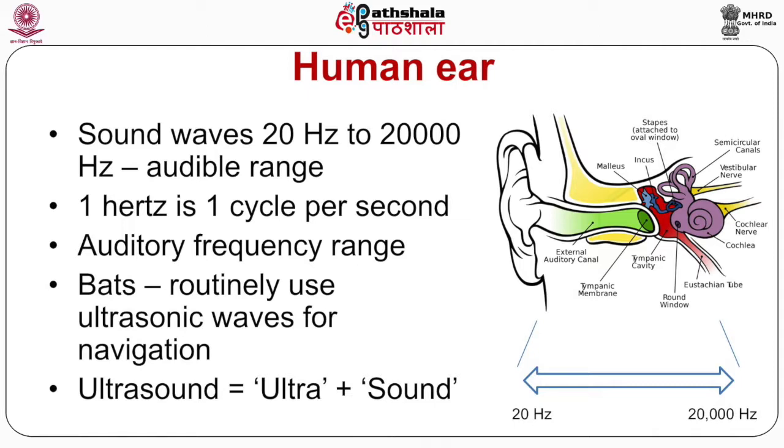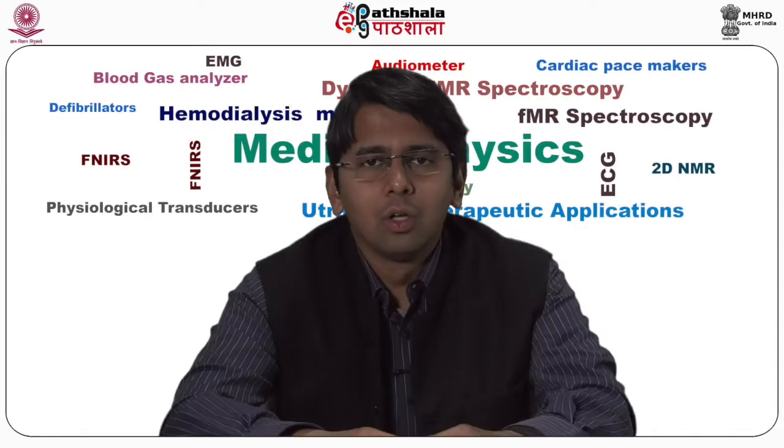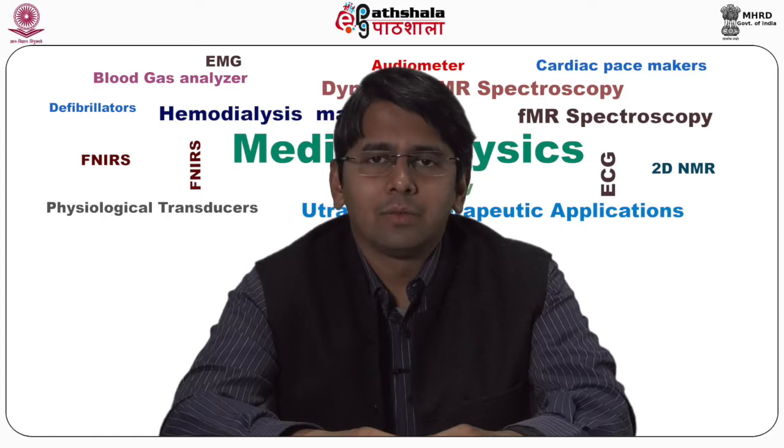After traveling through the auditory canal, it strikes the tympanic membrane and sets the ear ossicles into motion, which transduce this pressure wave into auditory signals which are heard by the cochlea and transmitted to the brain. So, let us remember that we can hear only sound waves between 20 Hz to 20,000 Hz.